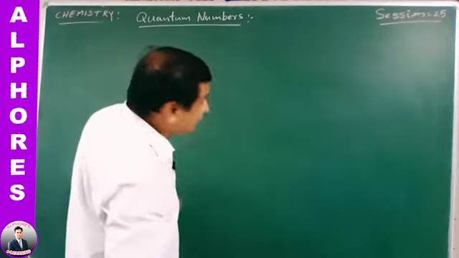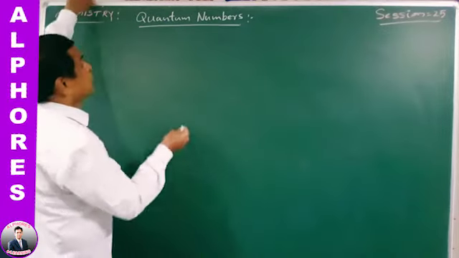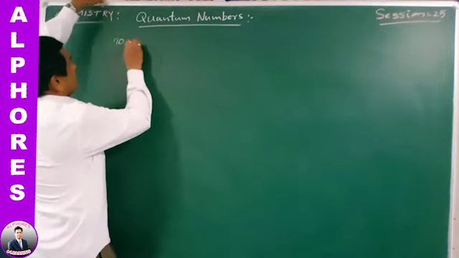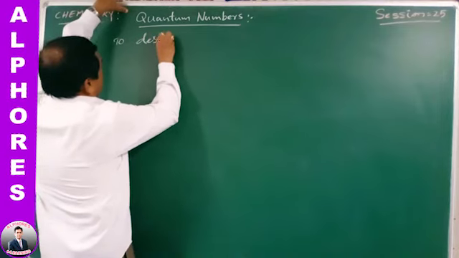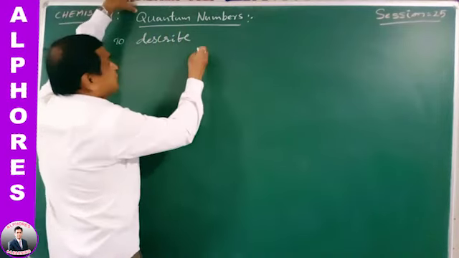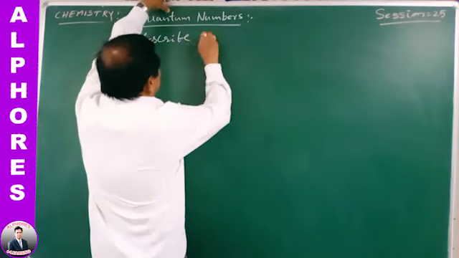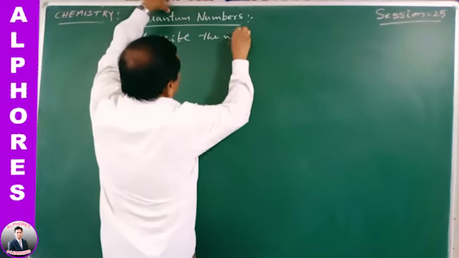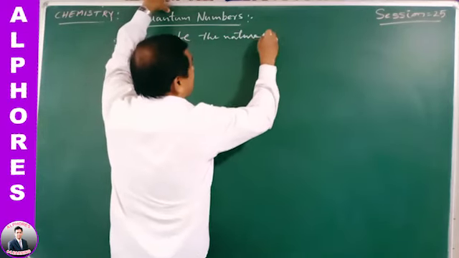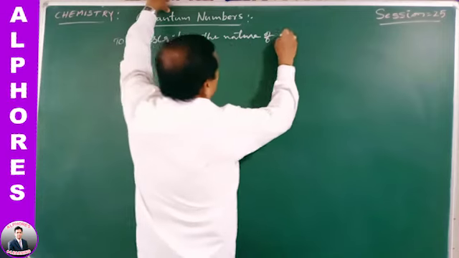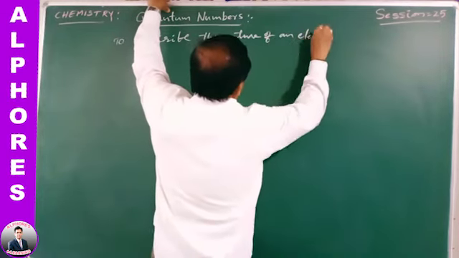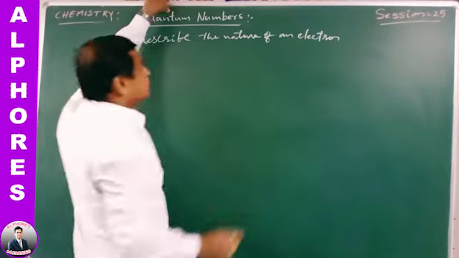So what is the significance of quantum numbers? To describe the nature of an electron.